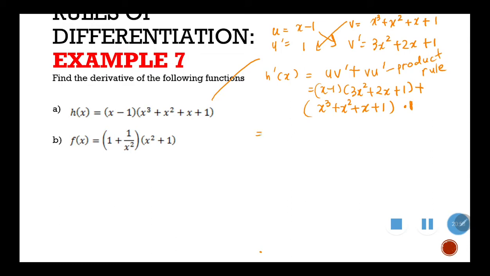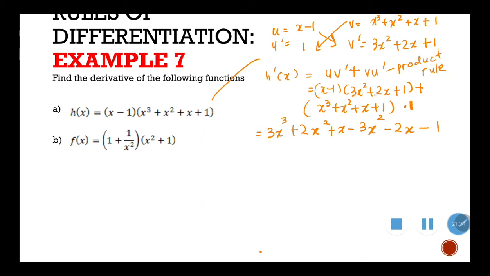So this should be multiplied 1 by 1. You should get this, plus 2x squared plus x minus 3x squared minus 2x minus 1.